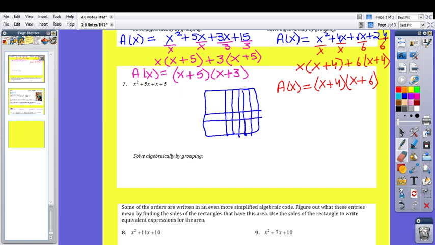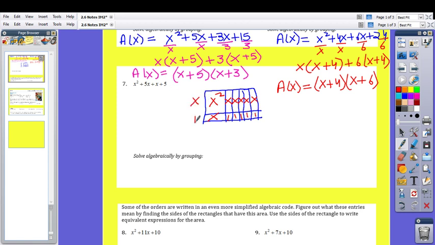So here we have x squared and then 5 x's: 1, 2, 3, 4, 5, and then you have 1x, and then you have 1, 2, 3, 4, 5 ones.